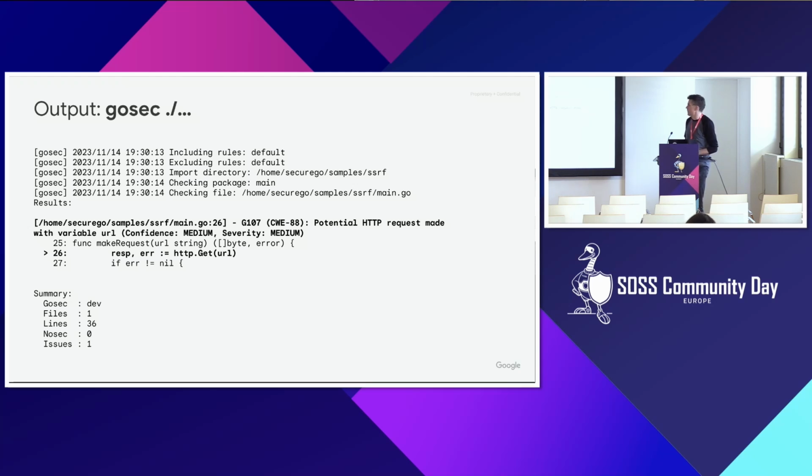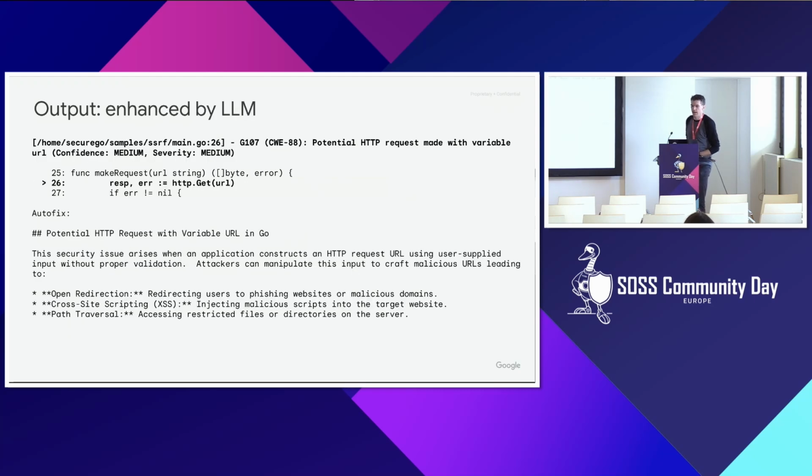But some developers, when they look at this output, don't really know what to do. So it's a bit hard. Therefore, we try to enhance this output, and we integrated LLMs. So now we take an LLM and enable it to provide an autofix for this issue.